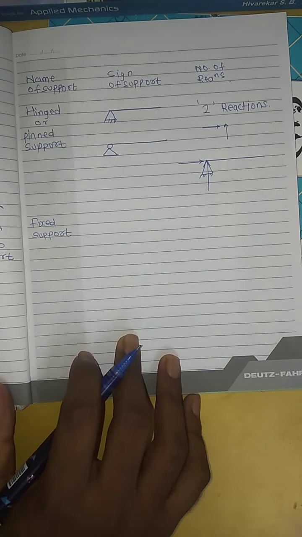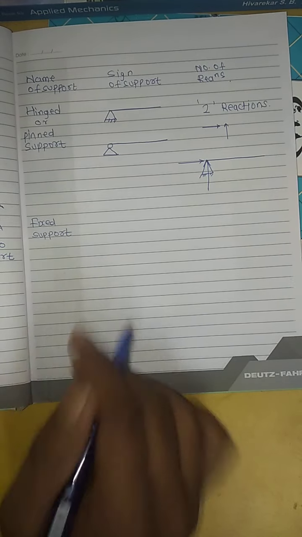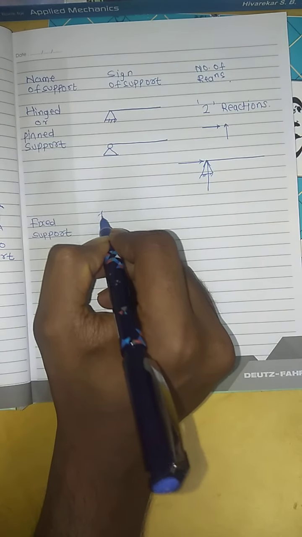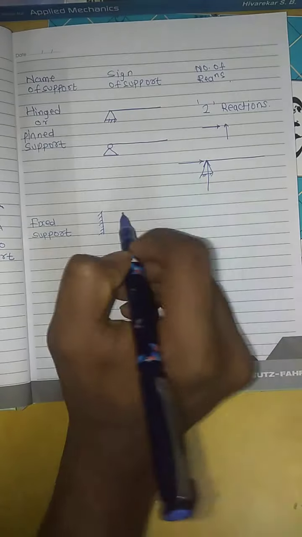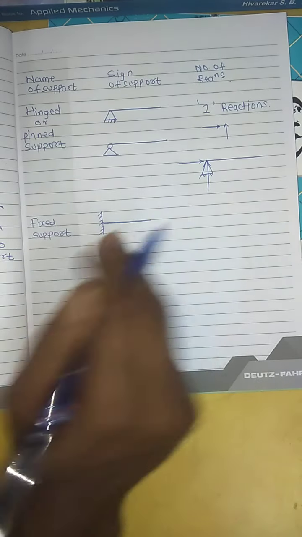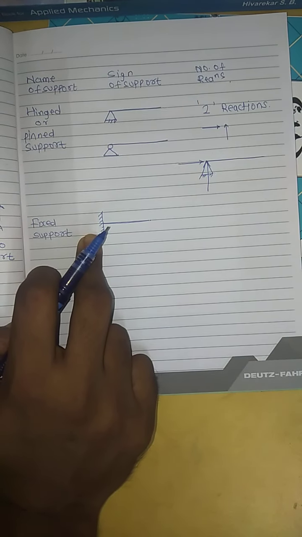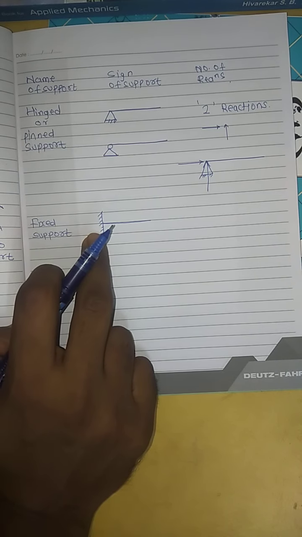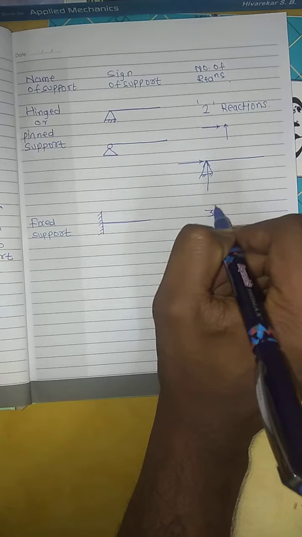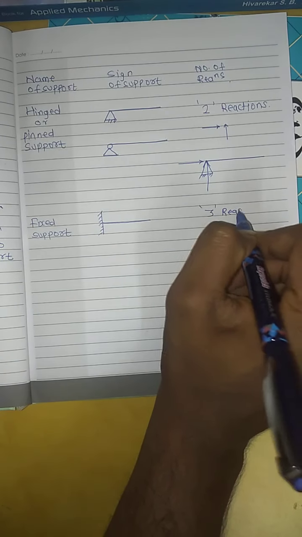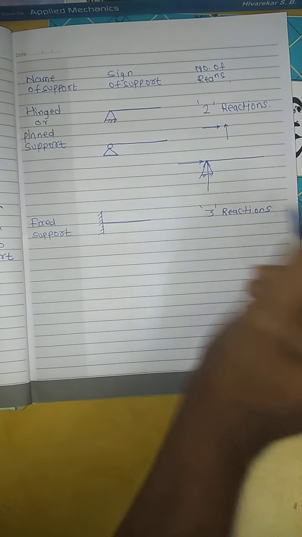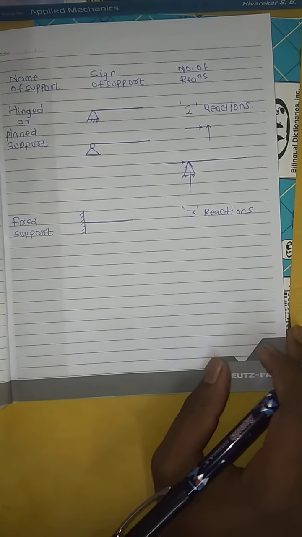Okay, so the sign of support is like this, and this is your beam. So this is the sign of the fixed support. Now there are three reactions. Okay, remember there are three reactions for the fixed support. Which are they?